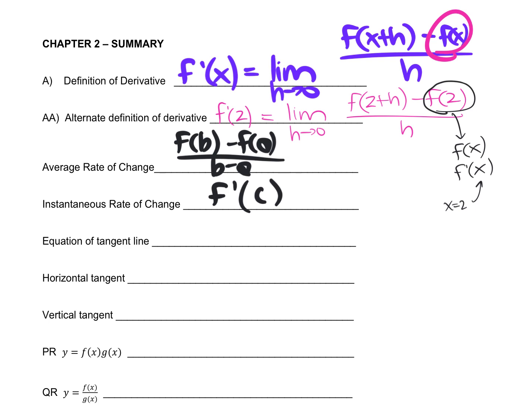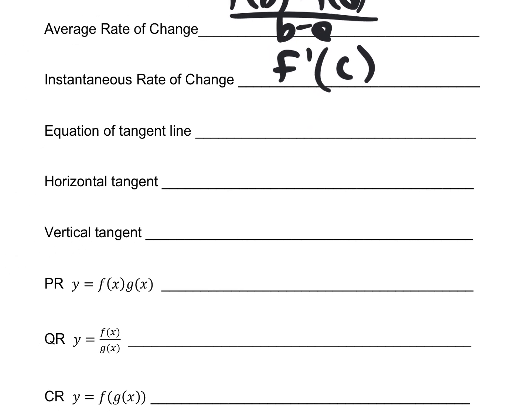We did a lot with the equation of the tangent line. How did we leave the equation of the tangent line formula? Or what was the formula we used for it? Y minus y1 equals m times x minus x1. Those we slowly talked about not solving because that saves us time and saves us errors.